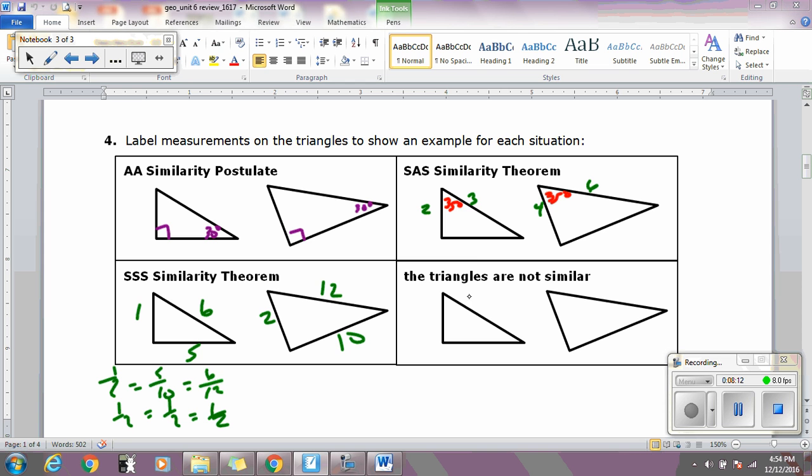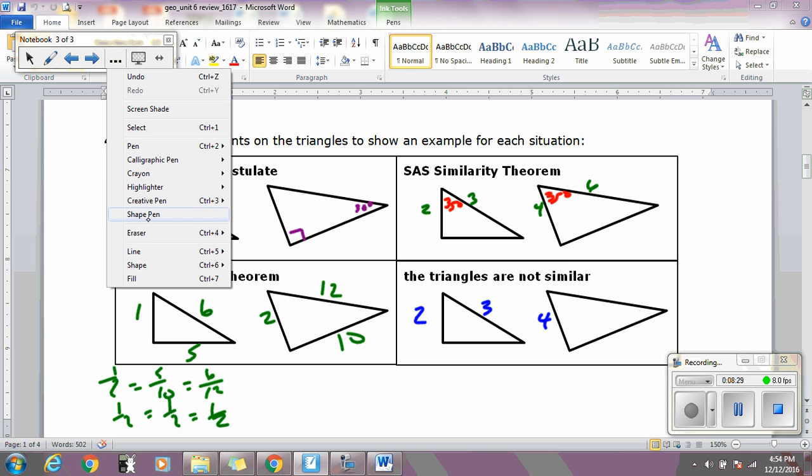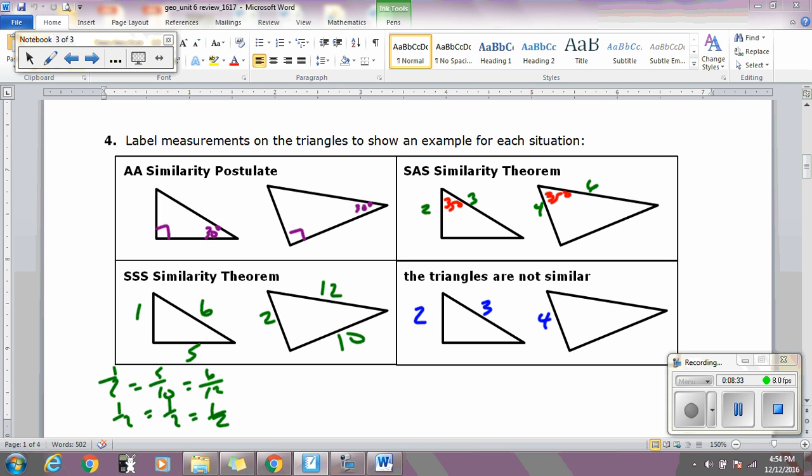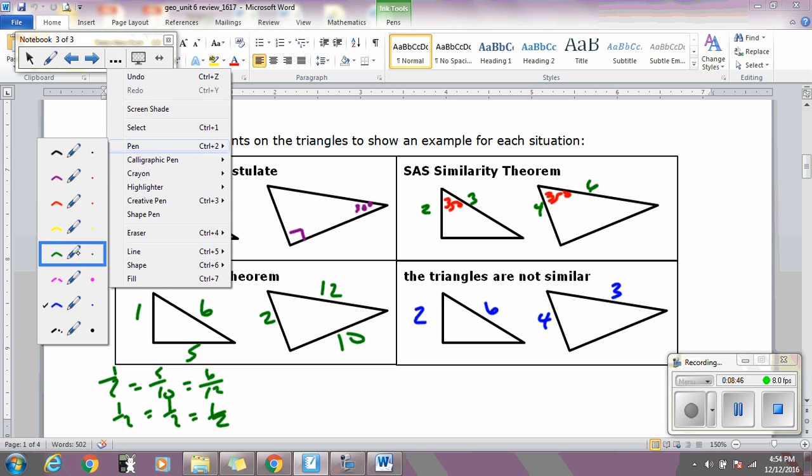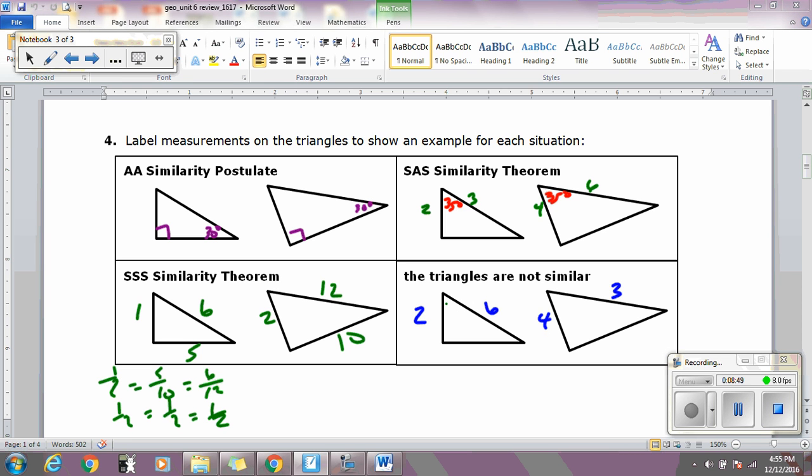So let's say I have 2, 4, 3, 6, 3, and then I'll have an angle of 30 here and 30 here. So there's 2 reasons why these 2 triangles are not similar.